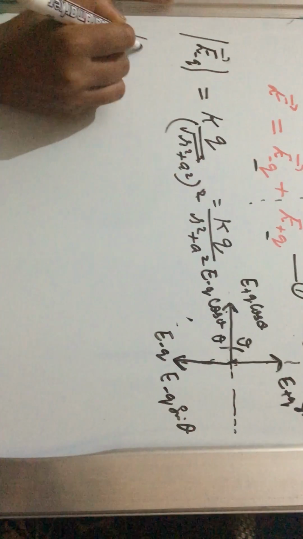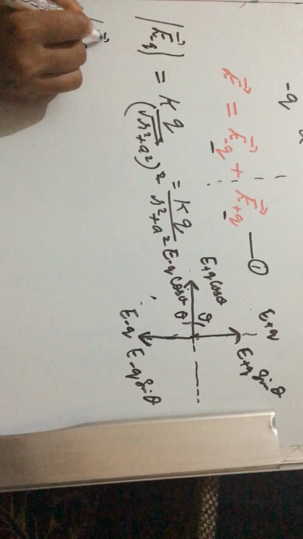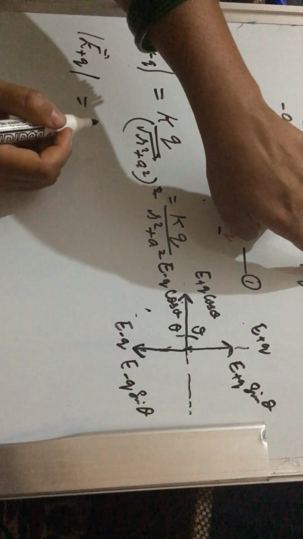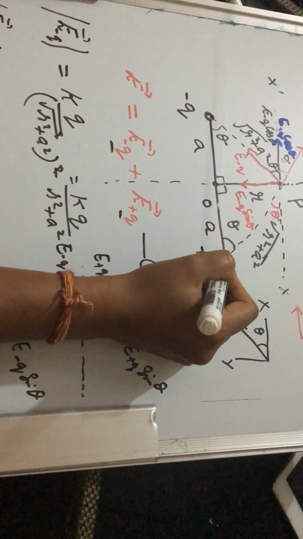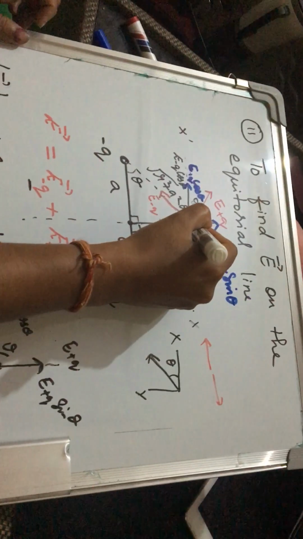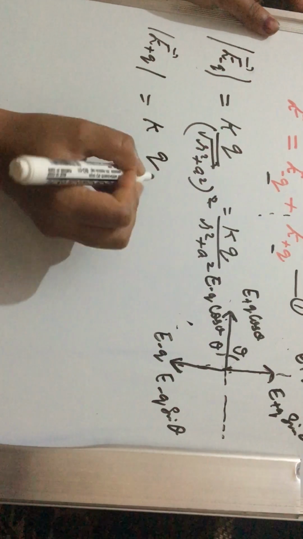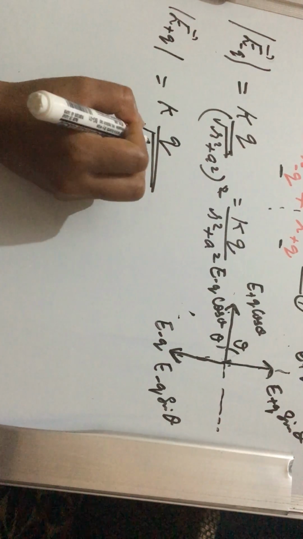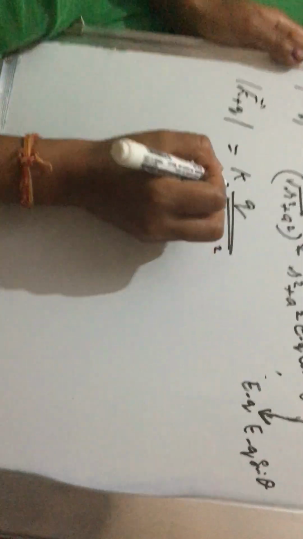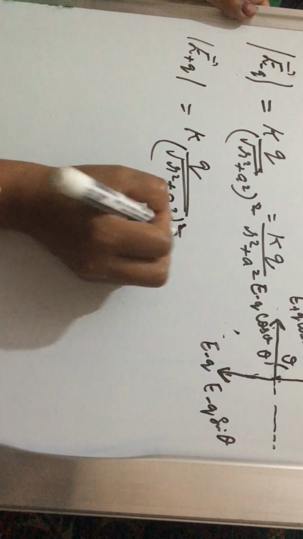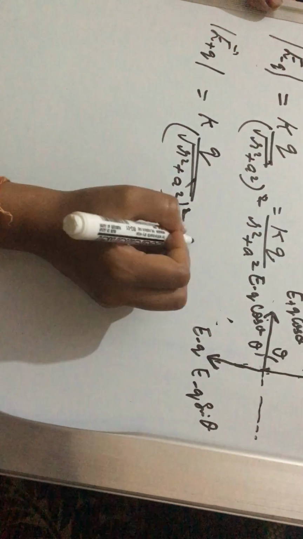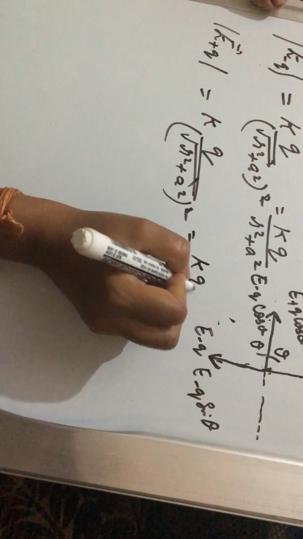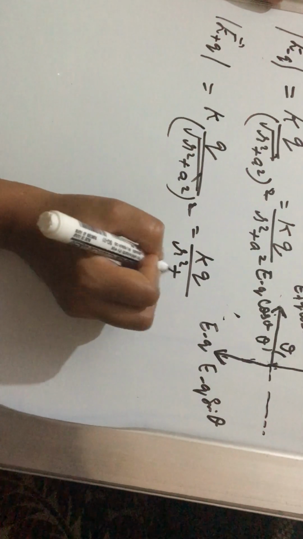Similarly, E plus Q, modulus of it, what is it? Electric field due to the point charge at this point. This is also kq by the distance, which is root over r square plus a square, and in the formula there was a square, so this is kq by r square plus a square.